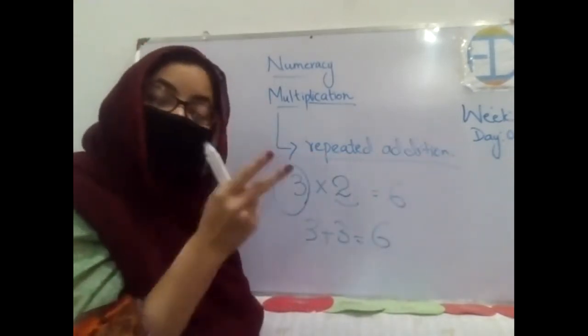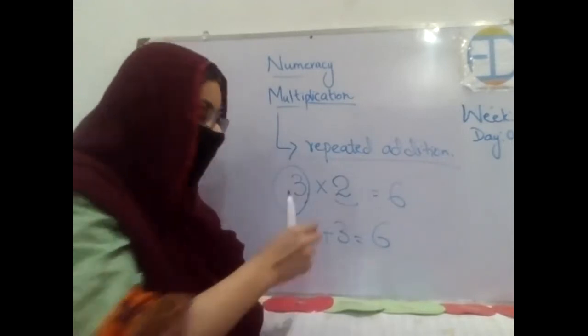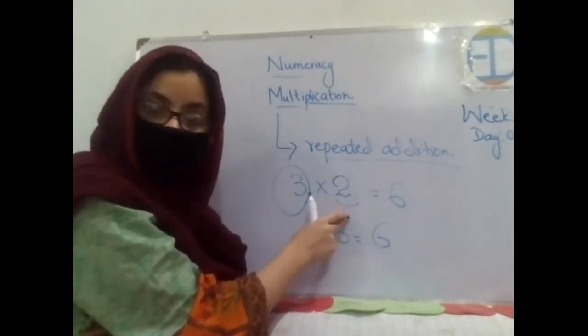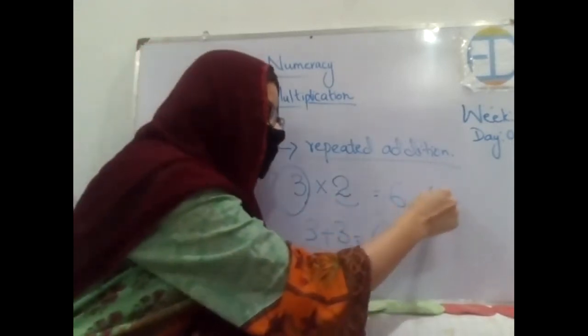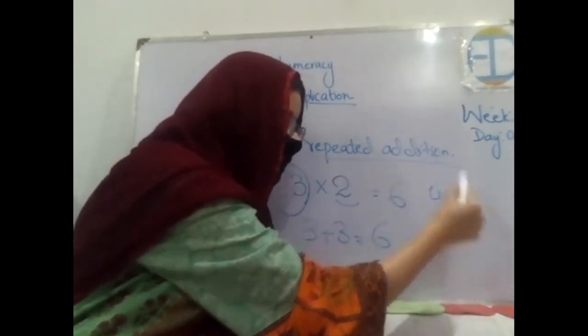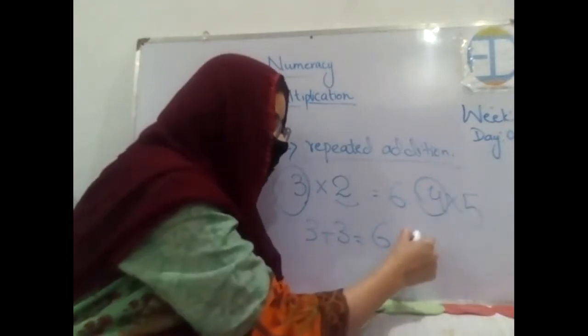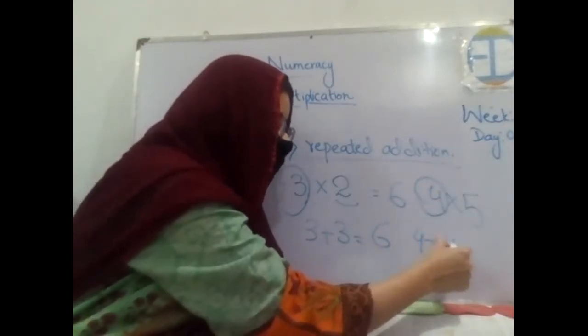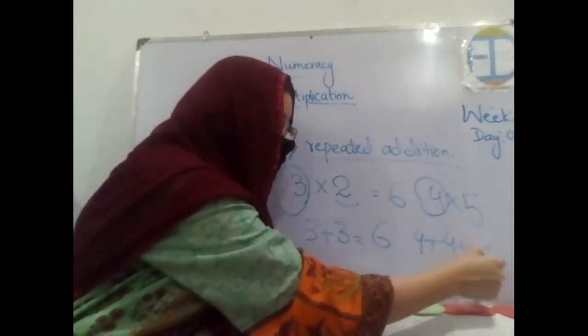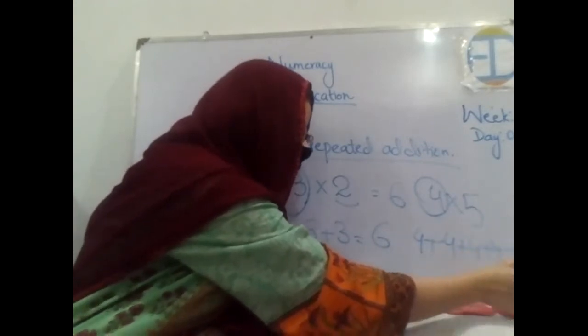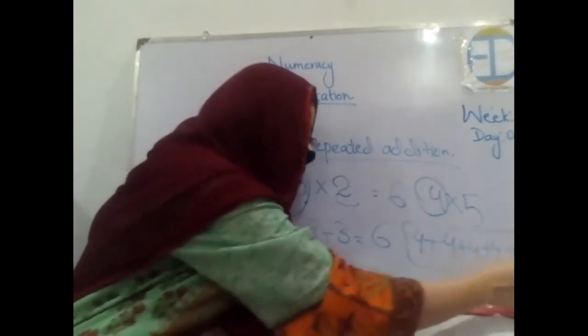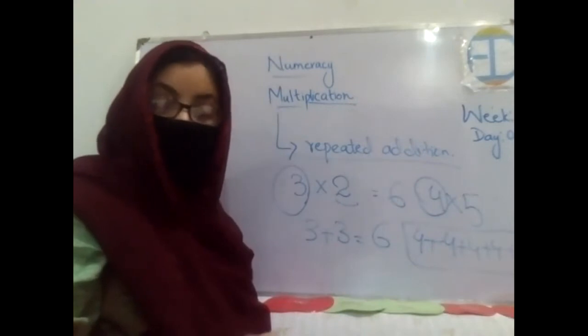This means that you add that number to itself as many times as is written next to it. Let's say over here I write 4 multiplied by 5. This means add 4 how many times? 5 times. So 4 plus 4 plus 4 plus 4 plus 4. Now this is 4 times 5, right?